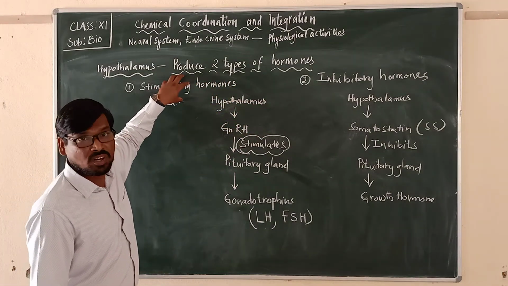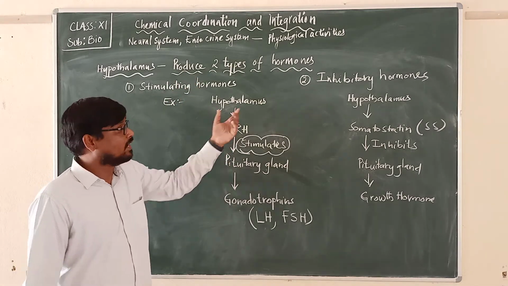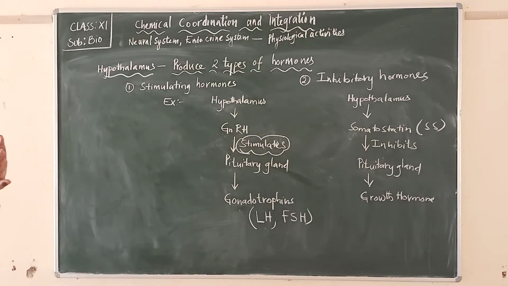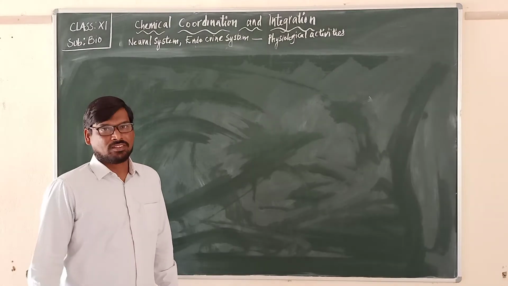First group are called what? Stimulating hormones, the best example is gonadotropin hormone, and the inhibitory hormones, the best example is somatostatin. So it is very clear that the hypothalamus is producing neurosecretory hormones or neurohormones, which are of two types: stimulating hormones and inhibitory hormones.